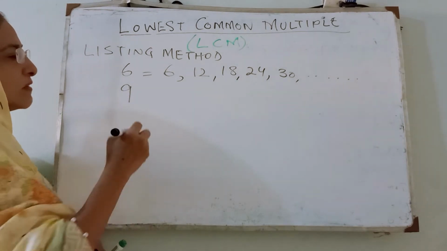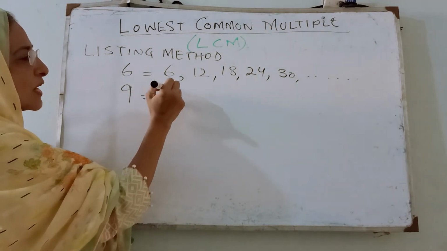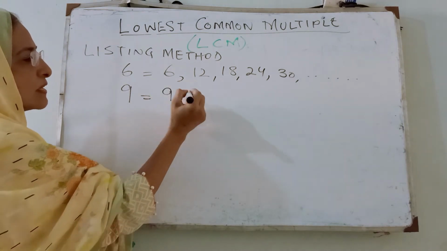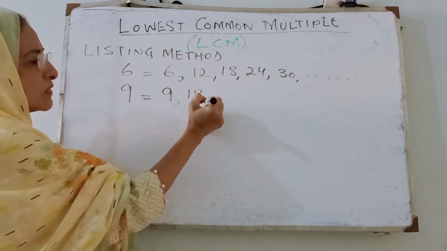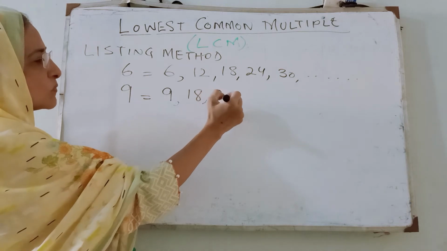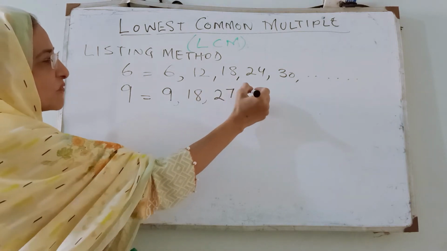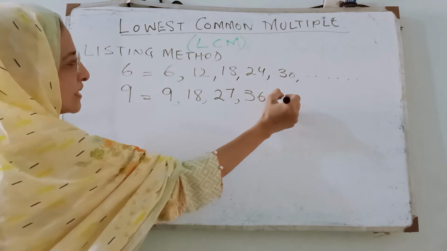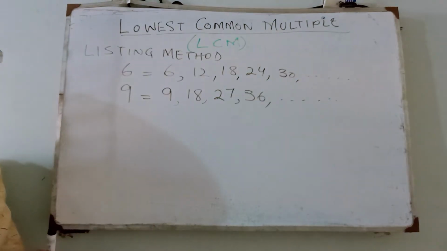Then we write the multiples of 9. 9 ones are 9, 9 twos are 18, 9 threes are 27, 9 fours are 36, and we keep on going like this.